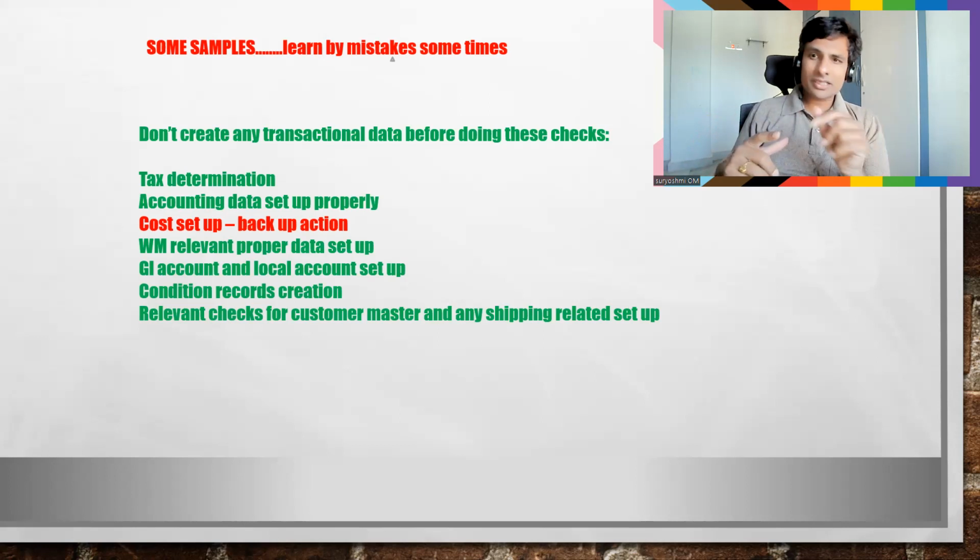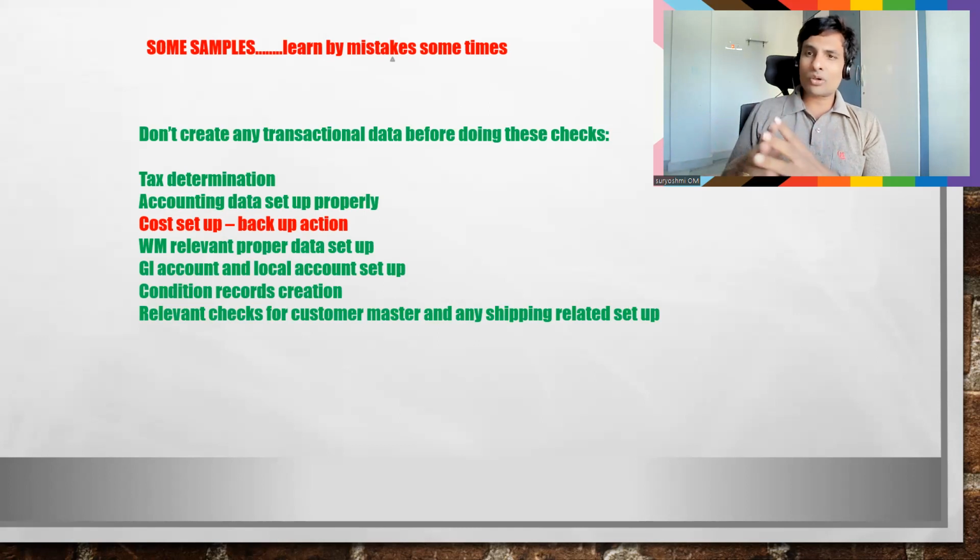I just kept one line here in red color. This is the issue we faced in one of my projects. These are the remaining things, like pre-checks before starting your SIT or FUT, or even your production level. The first thing is that you have to make sure of the tax determination.